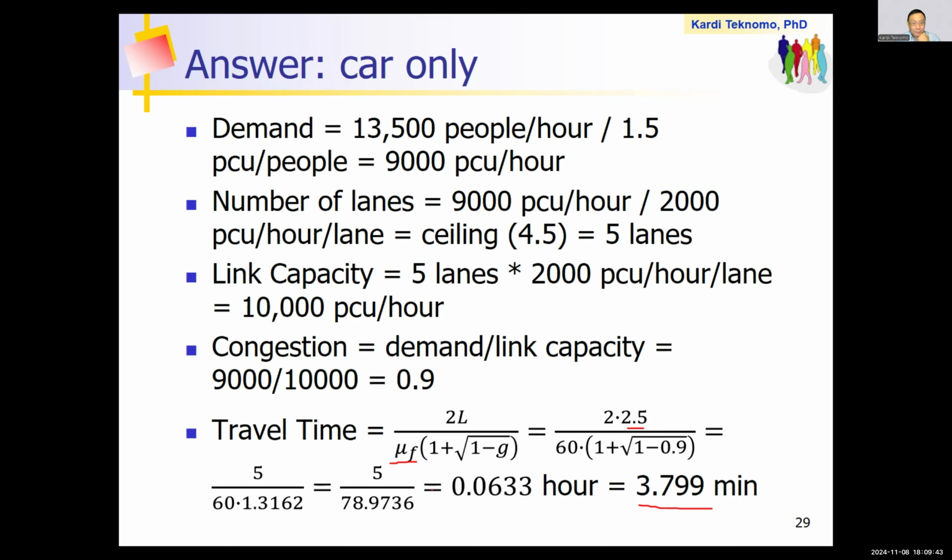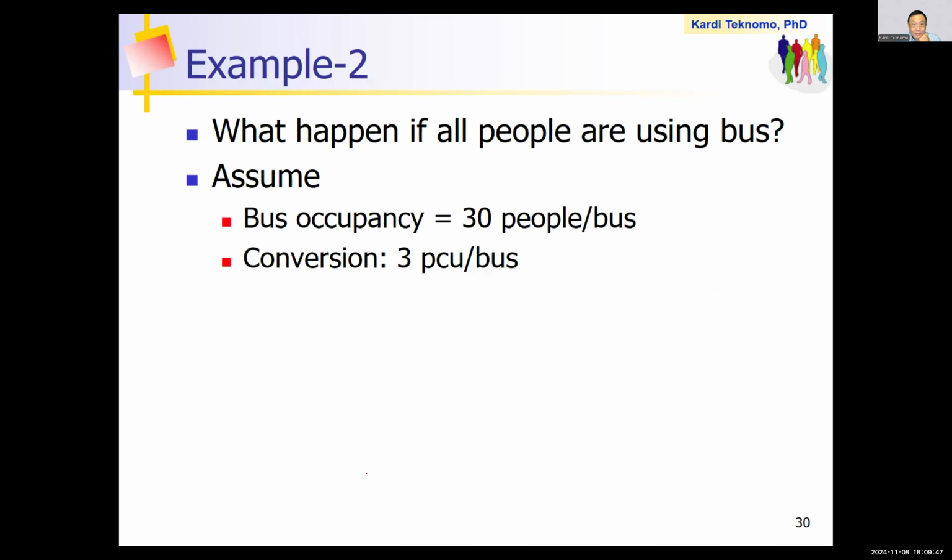And so on. Now, see what happens if all the people, so 100%, instead of using car, now all of the people use bus. Let's assume bus occupancy is 30 people per bus, and this is a small bus. The large bus usually 60 to 100 if you allow standing, and 30 is a minibus.